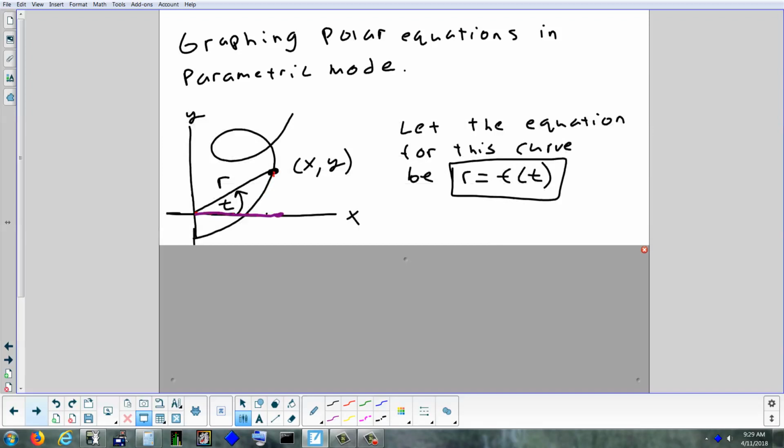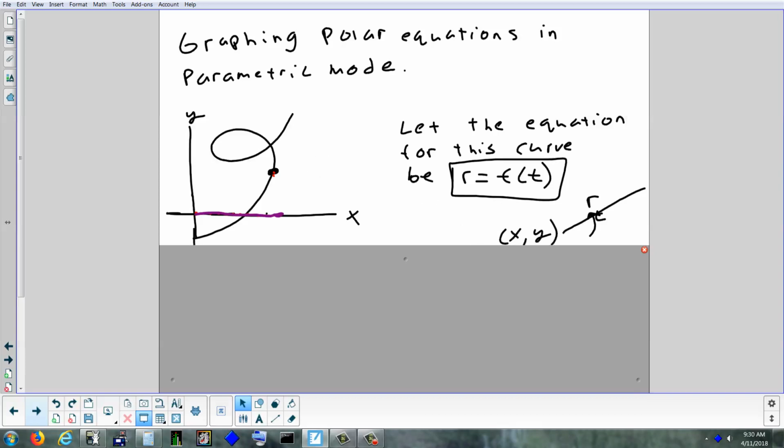All right, so let's just move some stuff out of the way. So I just drew some kind of curve. It doesn't matter how you draw it. You can draw anything you want. Okay, but the point is you've got some kind of curve, and I just marked a single point on the curve.